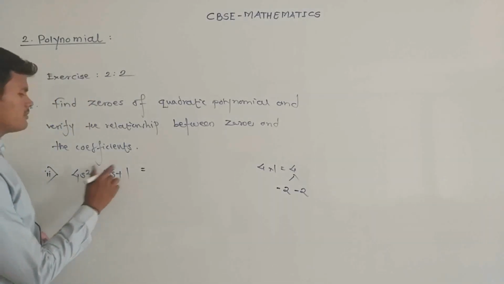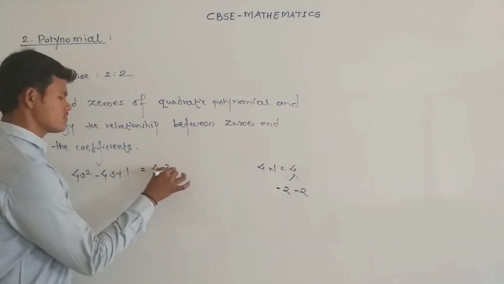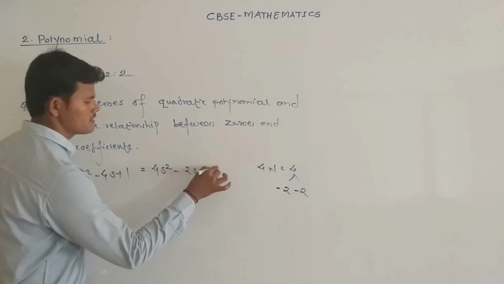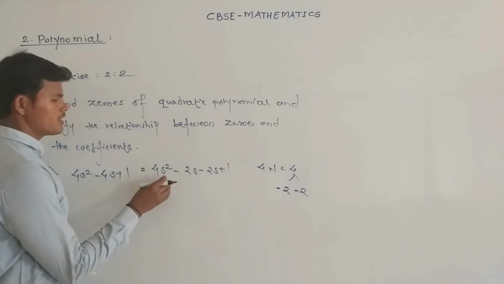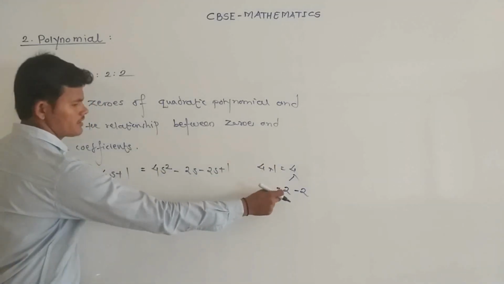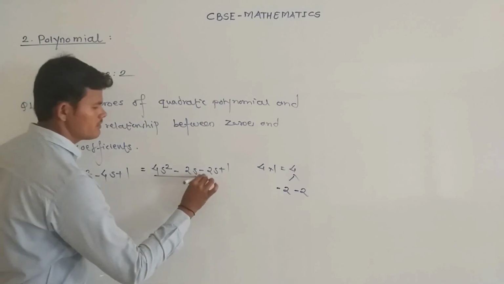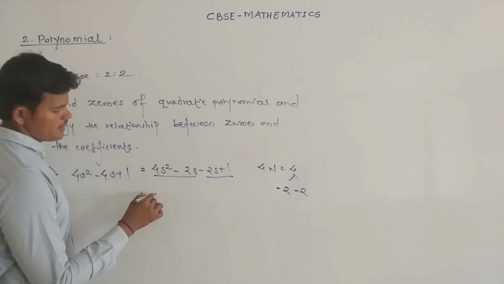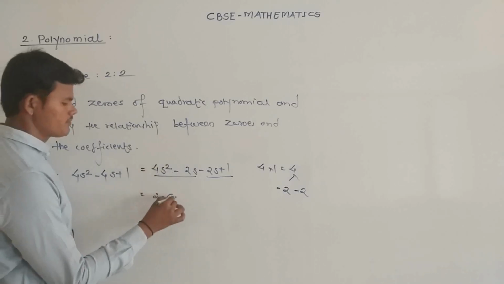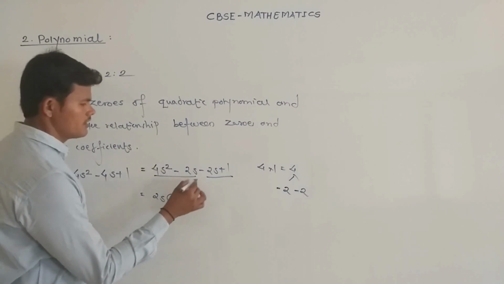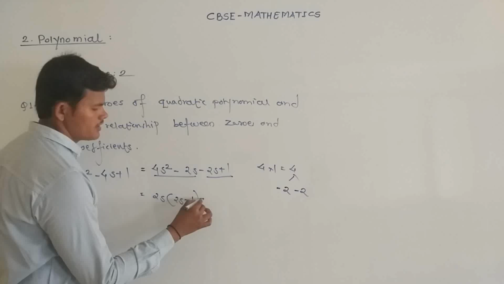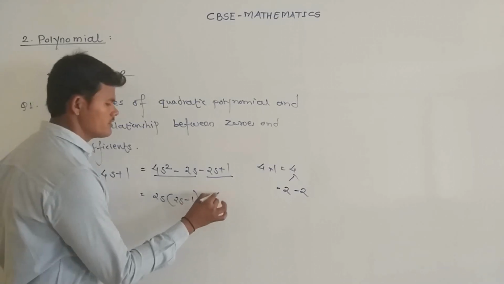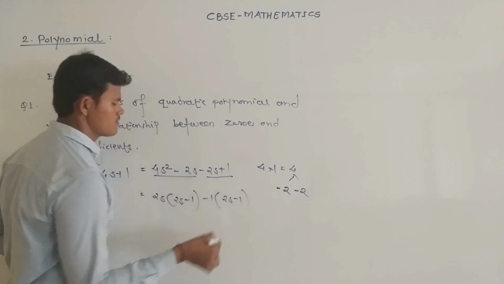Now replace the middle term, that is 4s, by minus 2s and minus 2s. After replacing the middle term by these two factors, consider first two terms and the last two terms. From first two terms, take common part as 2s, so we get 2s minus 1, and from last two terms take common minus 1, that is 2s minus 1.